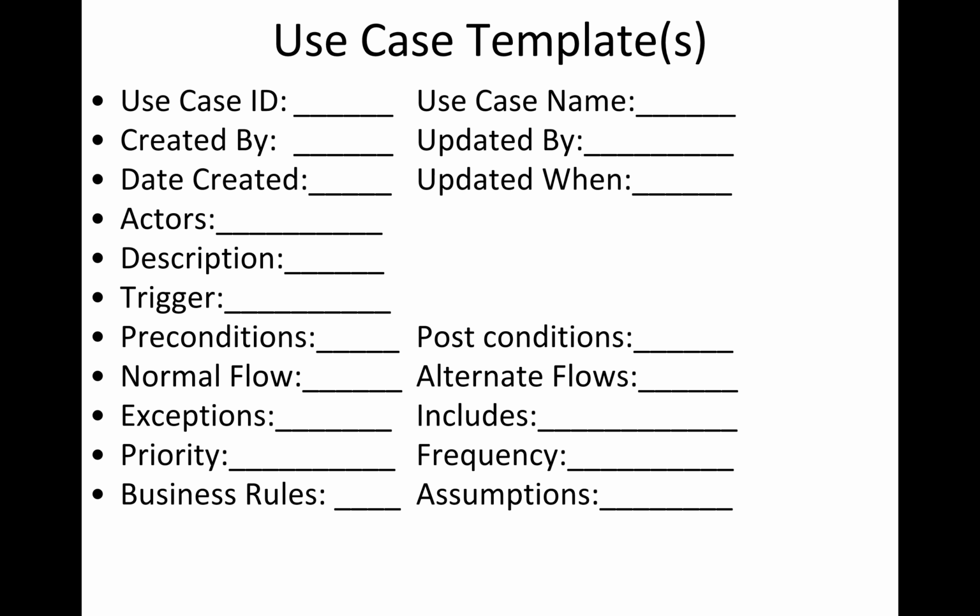Here's another template, much more verbose, where the use case might have an ID, right? And that ID typically is used in later aspects of the application, where maybe you create a story in Jira or some ticketing application, right?